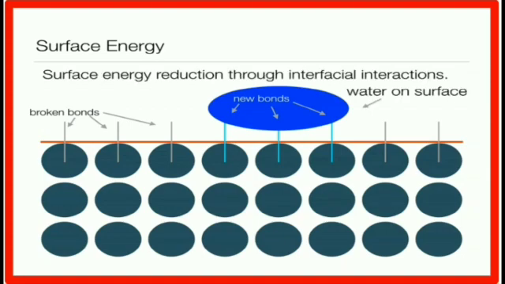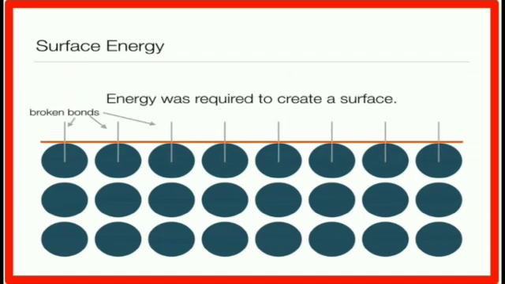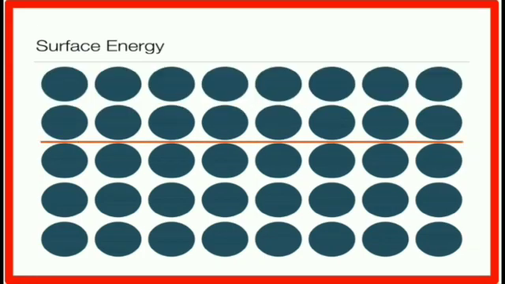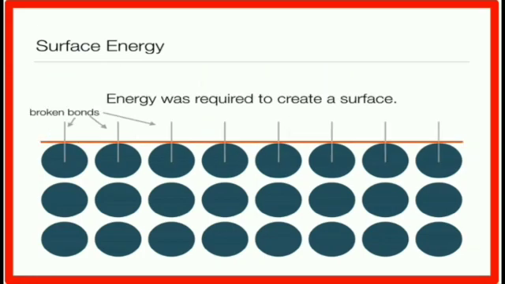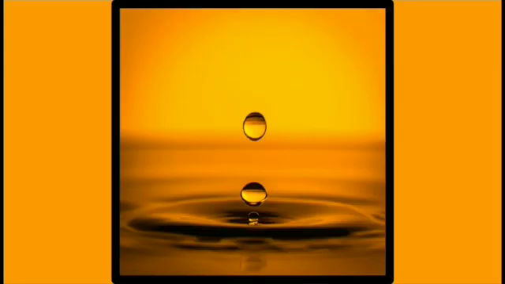If we cut a shape out of this material, we would be creating a surface, and in creating a surface, we would have to break bonds between atoms. The energy required to break the bonds is known as surface energy. The high surface tension of water causes droplets to assume a nearly spherical shape, and this shape minimizes the solid-liquid surface energy.